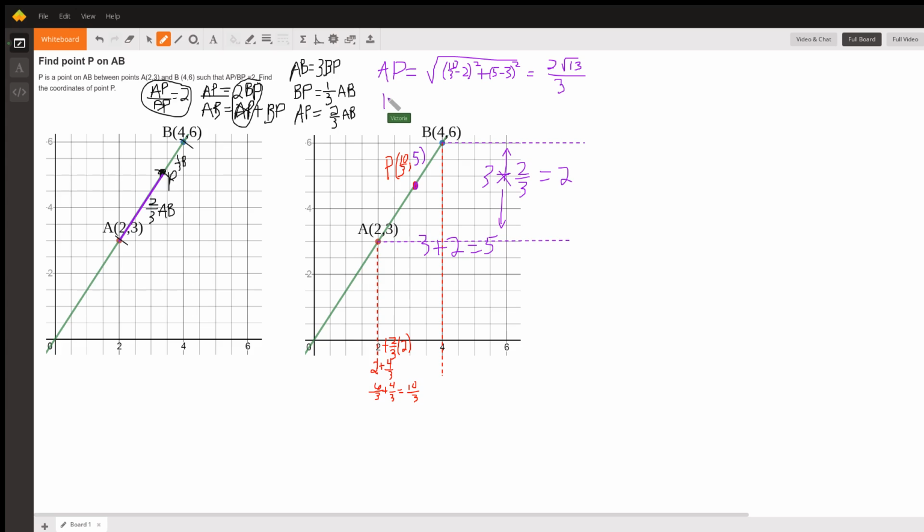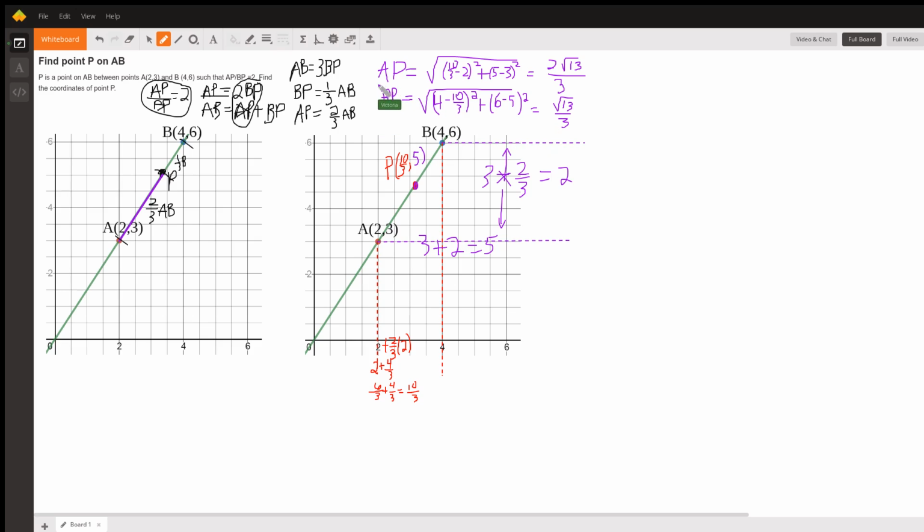And BP then is the square root of 4 minus 10/3 squared plus 6 minus 5 squared, and that equals the square root of 4 minus 10/3 squared plus 1, and I get the square root of 13 over 3.